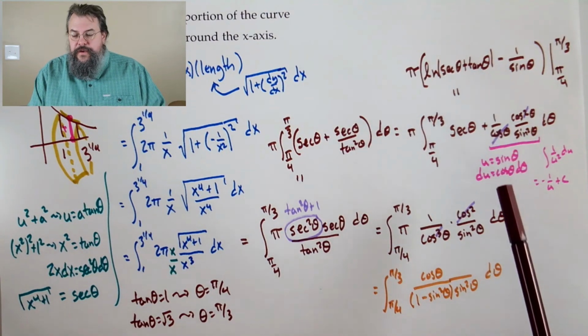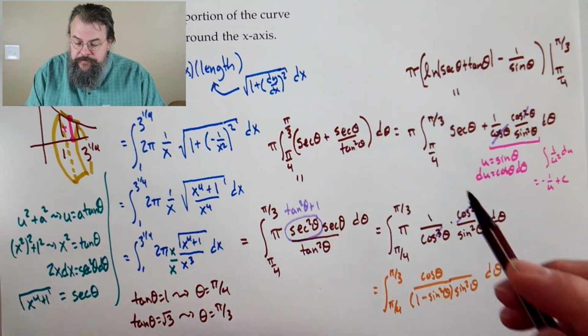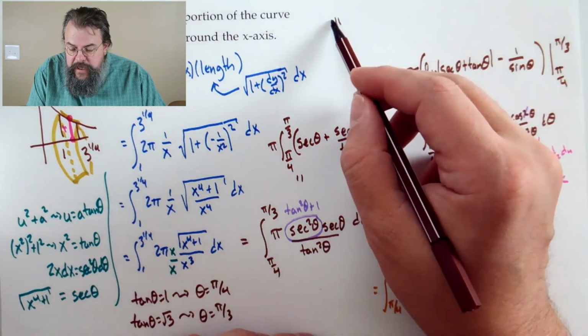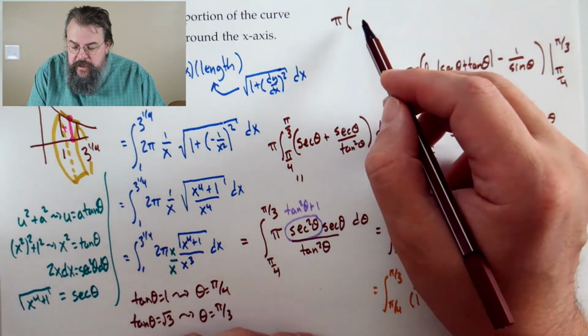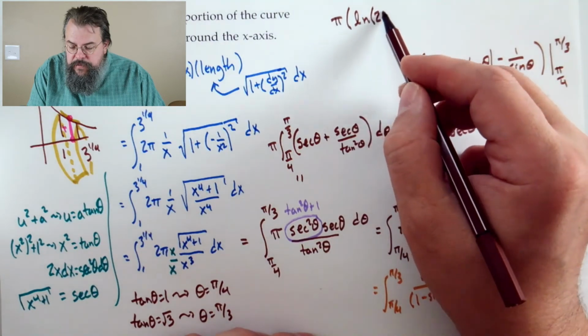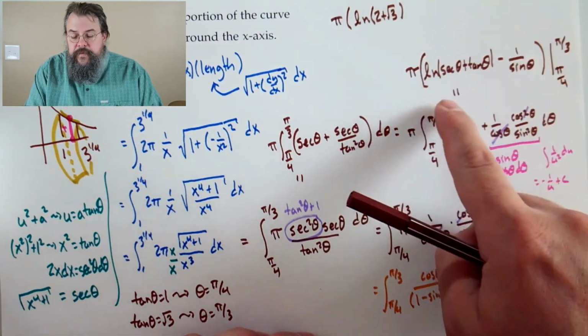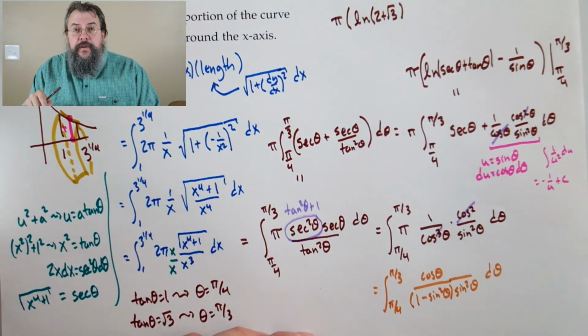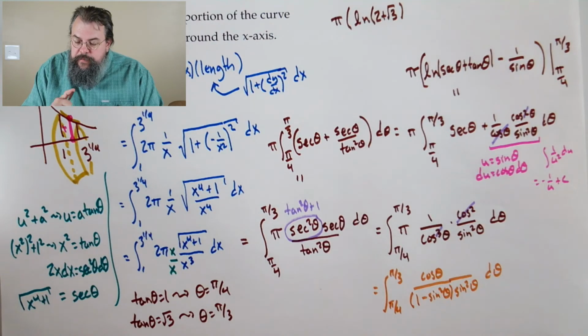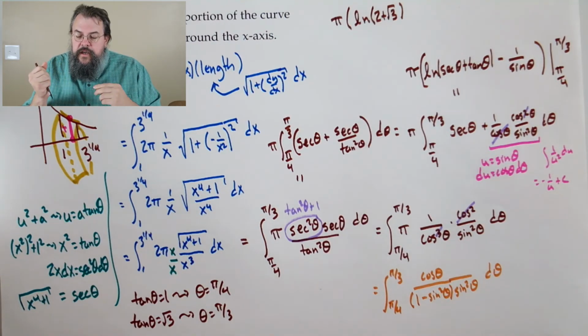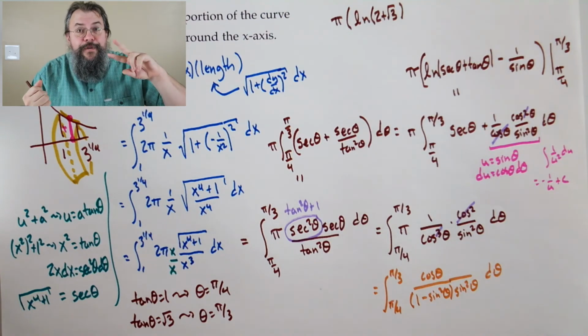Tangent of pi over 3 is square root of 3. So we're going to get pi times the log of 2 plus square root of 3. Okay, that's plugging pi over 3 into there. Now, what is sine of pi over 3? Sine of pi over 3 is square root of 3 over 2, and we flip it over.